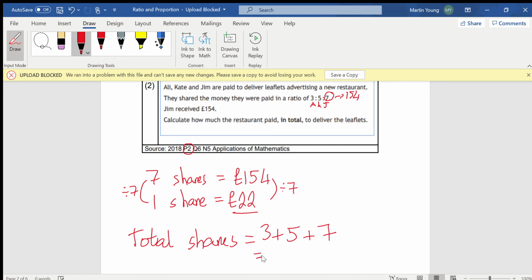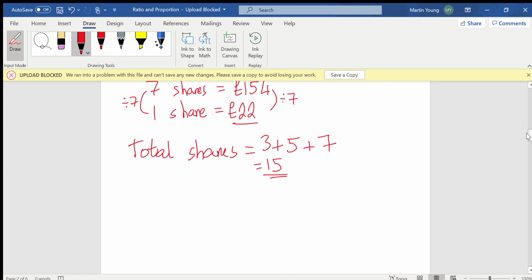And again, don't get that wrong. If you need to put that in a calculator, do so, because you're allowed to. You might as well do that to check, but that's going to be 15. So I've got 15 shares, each share is £22.